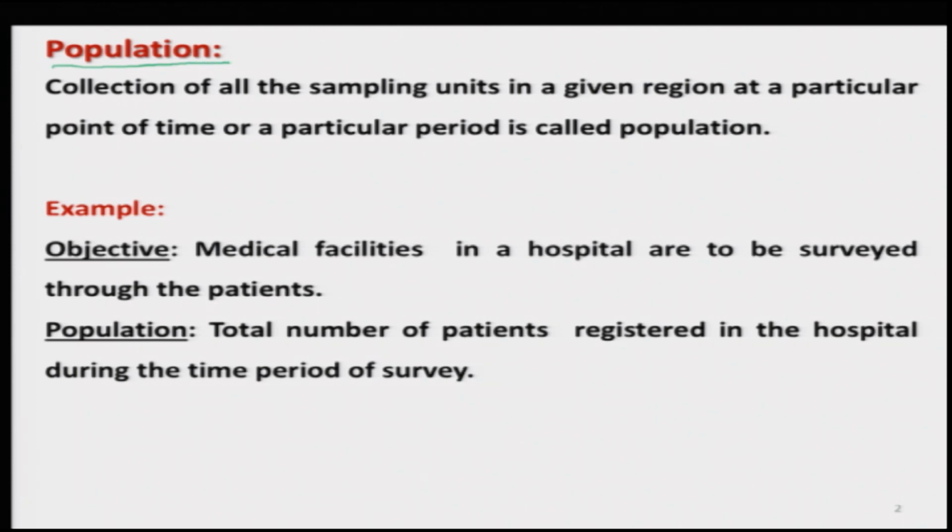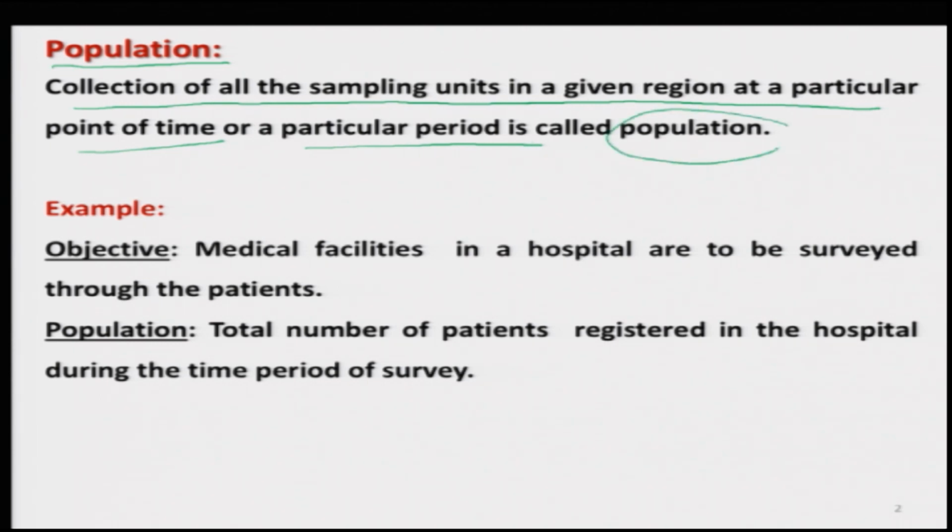What is population? This is essentially the collection of all the sampling units in a given region at a particular point of time or at a particular period, and this is called a population. Note one thing here, that I have used the words sampling units, and you can recall that in the last lecture I had given you a detailed explanation about the sampling unit.